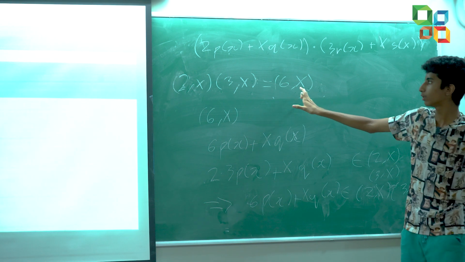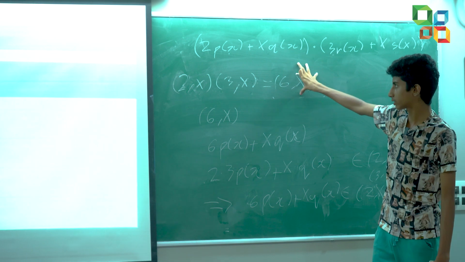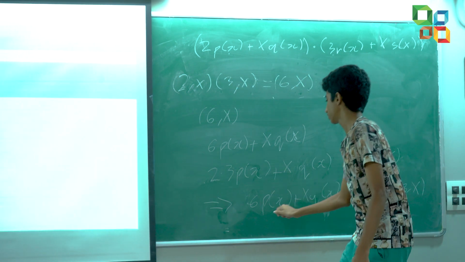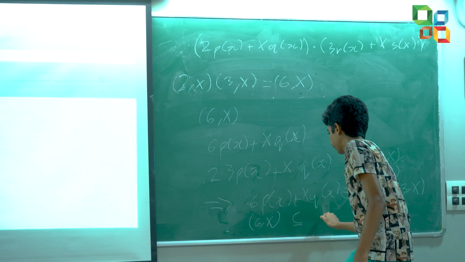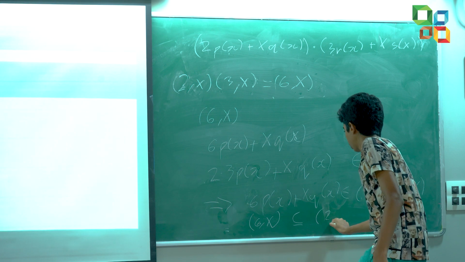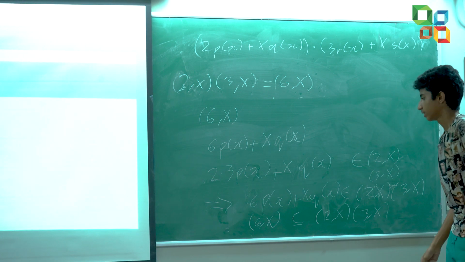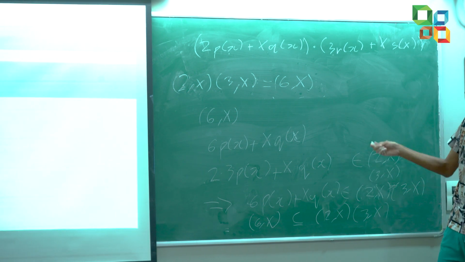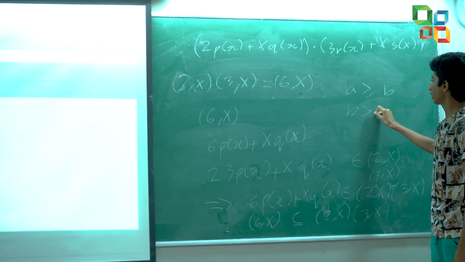So now we showed that every element that belongs to 6 comma x belongs to 2 comma x times 3 comma x. So 6 comma x, the ideal, is a subset of 2 comma x times 3 comma x. Before we showed the other relation, 6 comma x is a superset of this. So when a is greater than or equal to b and b is greater than or equal to a, what can you conclude?